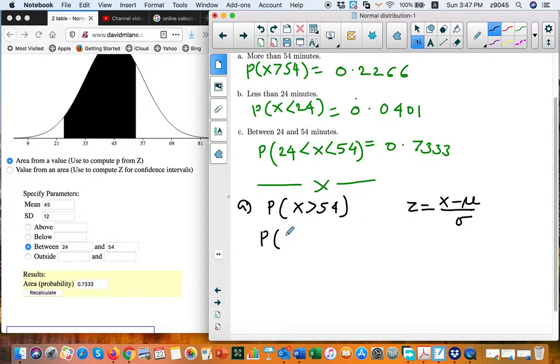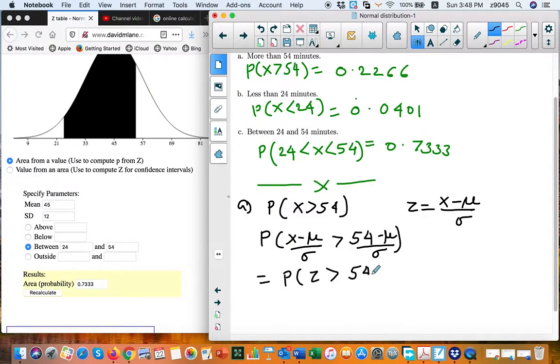To make it z, I need to apply a few steps, which is x minus mu divided by sigma here. Same thing I'm going to do on the other part also. So this is going to convert this x into z.